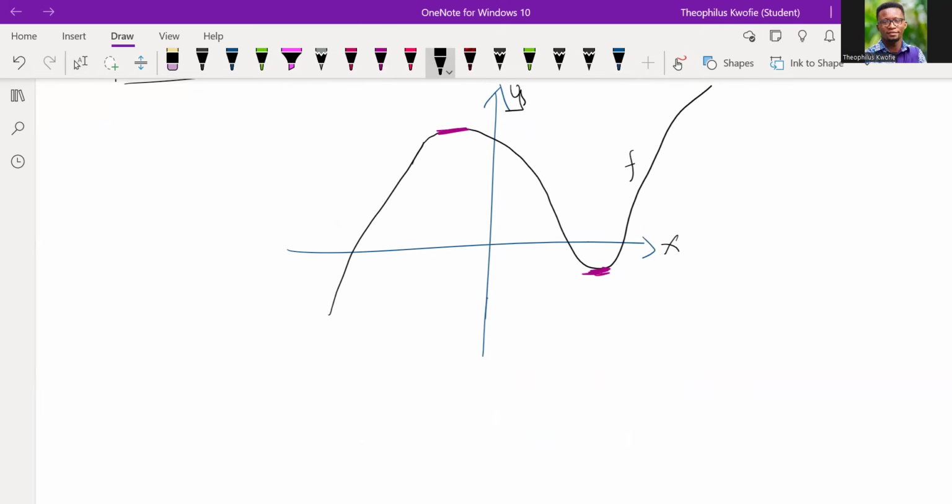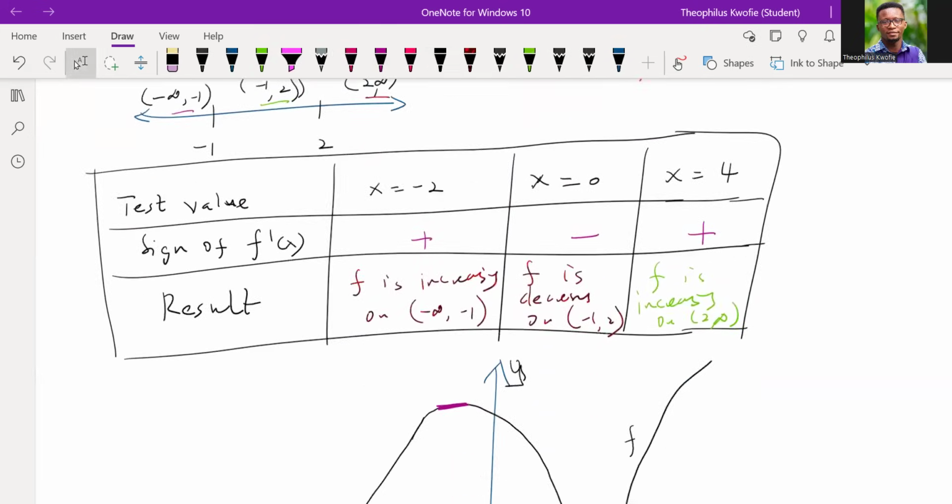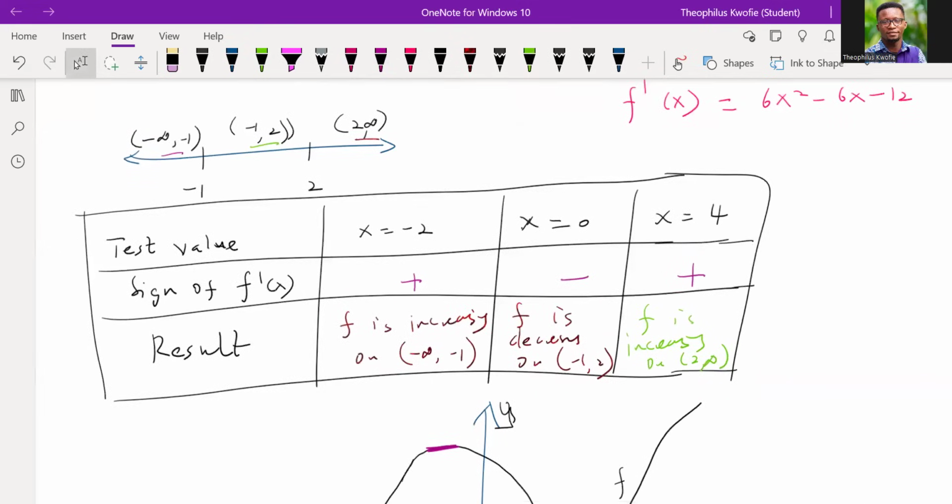The easiest way is this: at -1, we saw an increase around the critical value -1. We saw that the function was going up, then it came down. It went up because there's a plus over there.